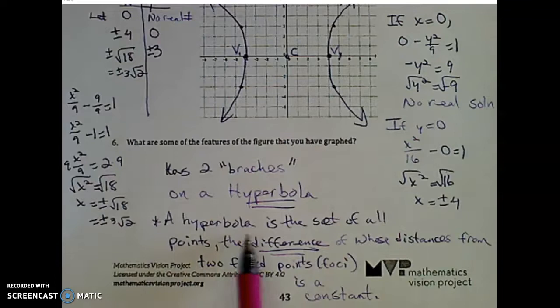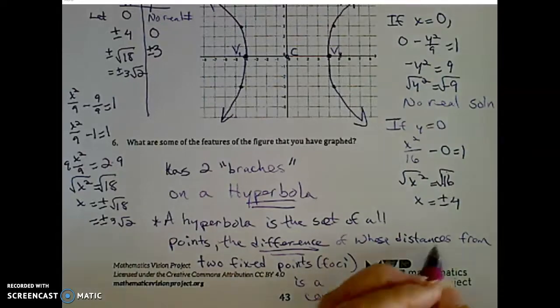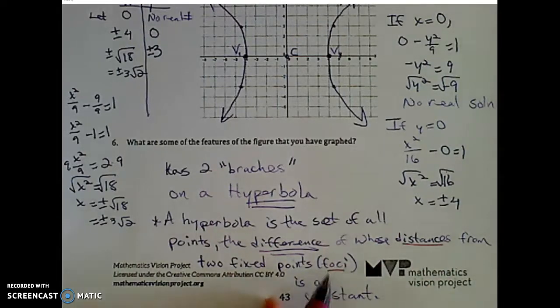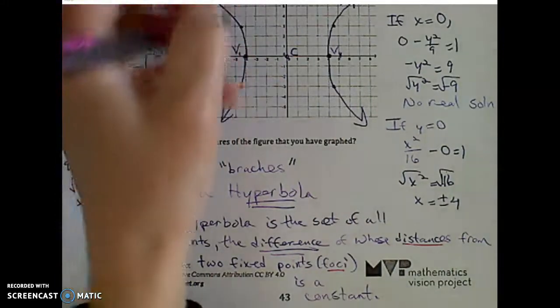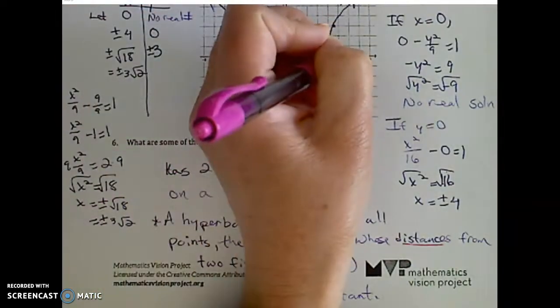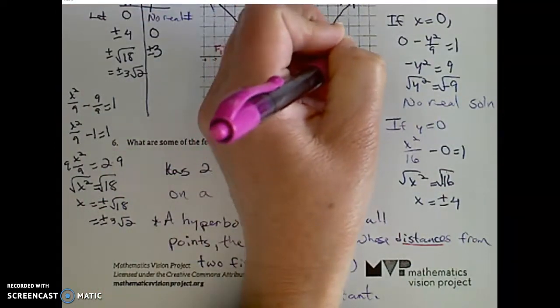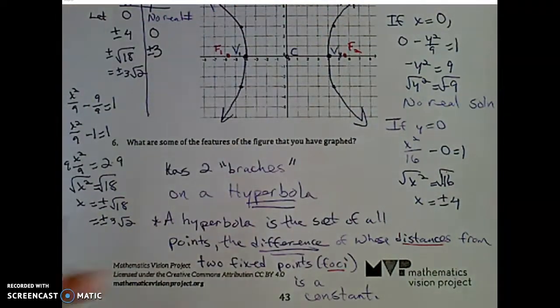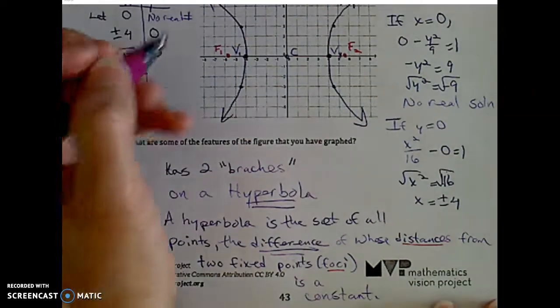A hyperbola is the set of all points, the difference of whose distances from two fixed points, still called the foci, is a constant. For a hyperbola, I didn't find them exactly, but the foci are actually going to fall inside those branches. And the difference of distances is always a constant.